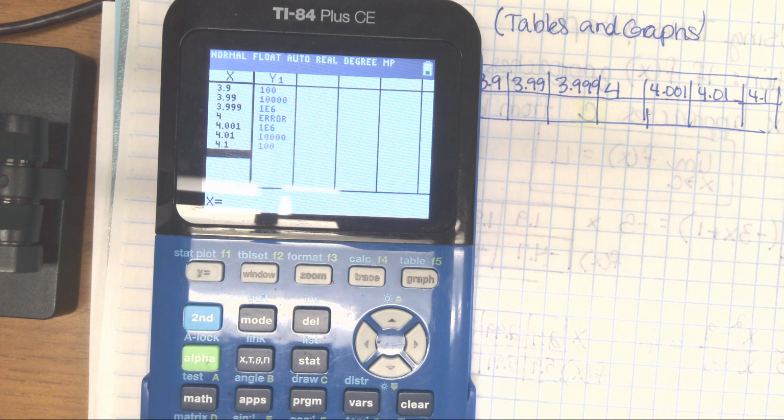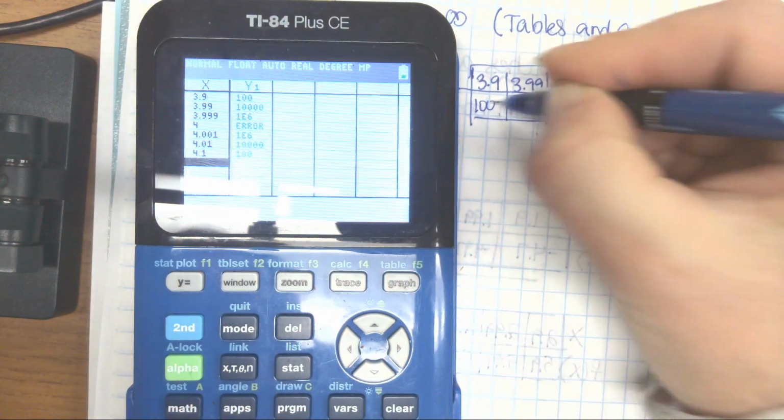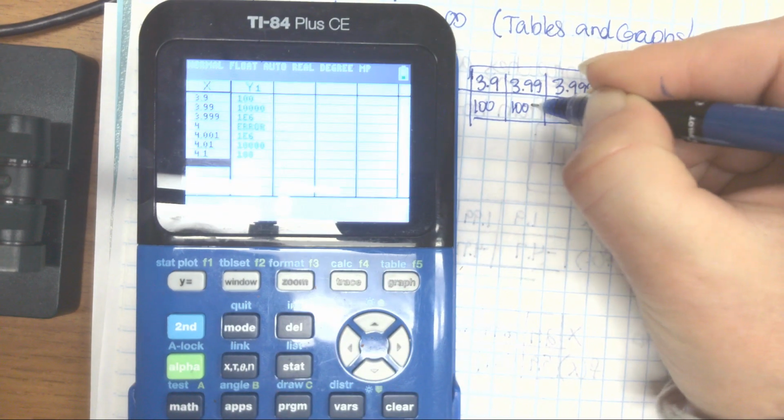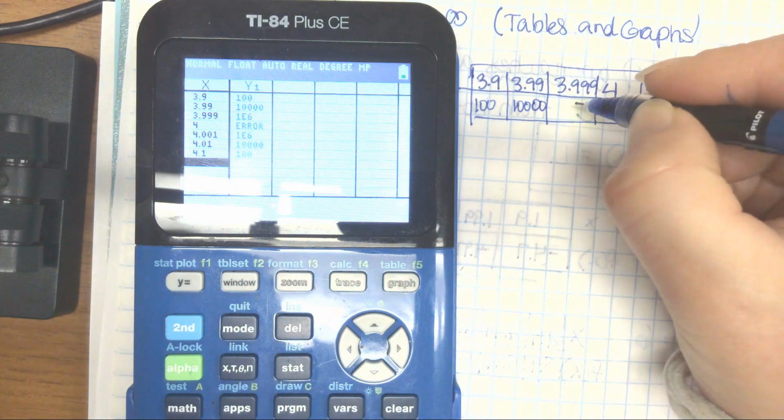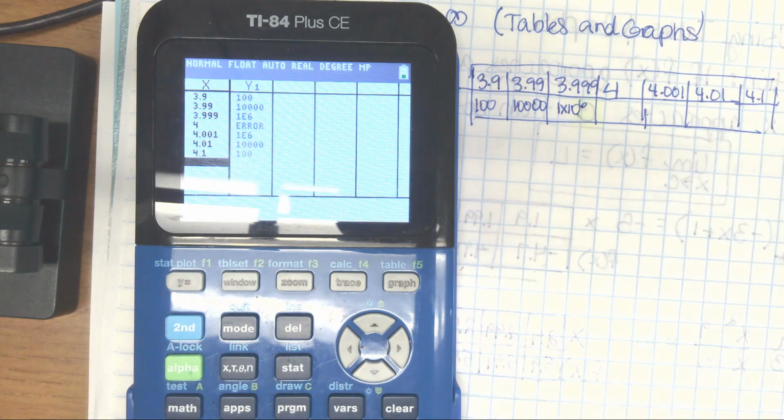That's what that means: 1 times 10 to the 6. That's really large, right?